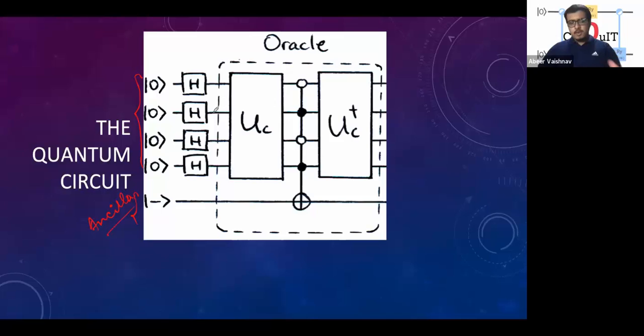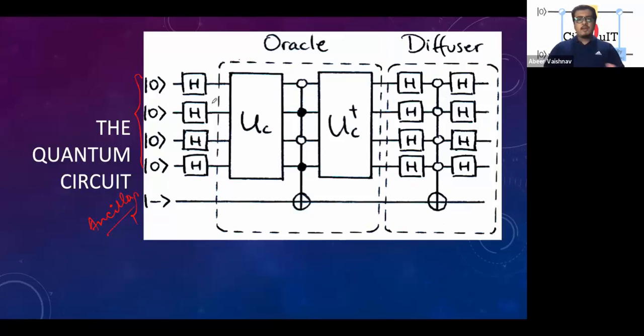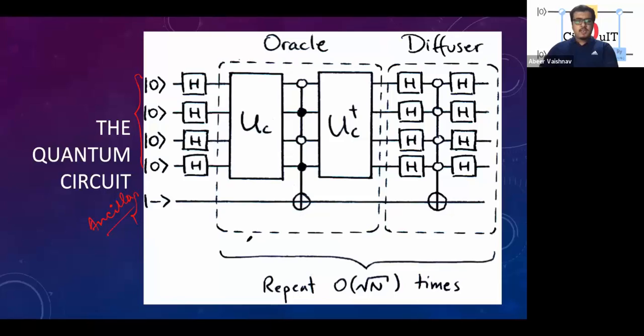I'll be telling how this works in the next slide. And the next step is then the Grover diffuser function. This diffuser function does the implementation of a reflection operation, and we'll get to how this works. And then this whole thing is repeated O of square root of n times.